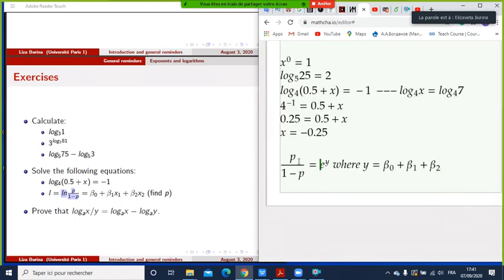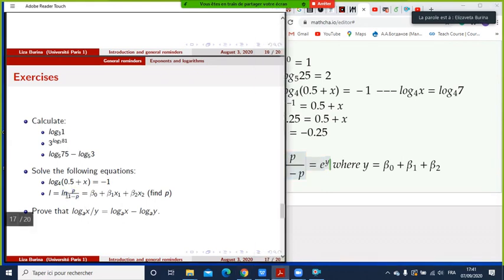Okay, so this is the equation that you start with. And what I did, I just translated what logarithm means. So it's a natural logarithm. So this is supposed to be a power to which I raise e to get this stuff.